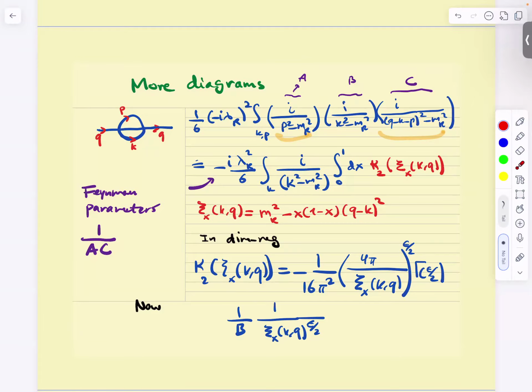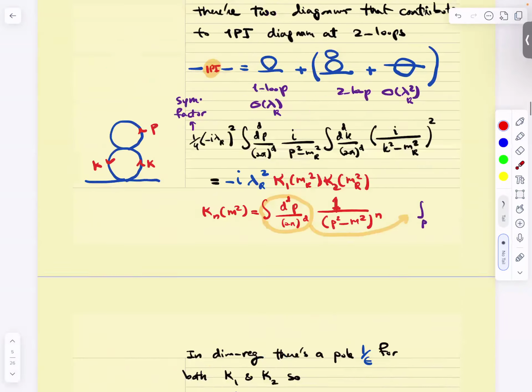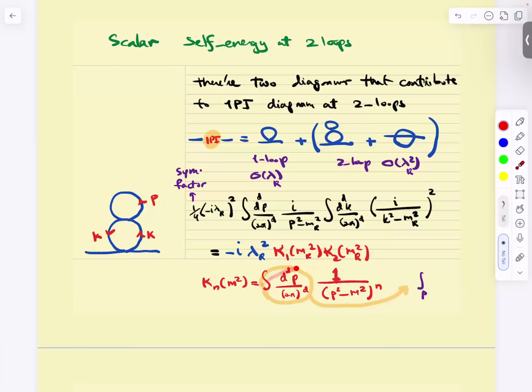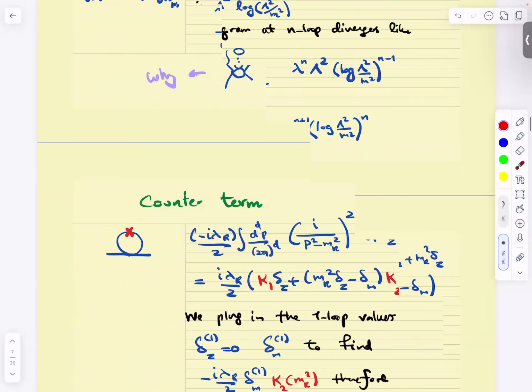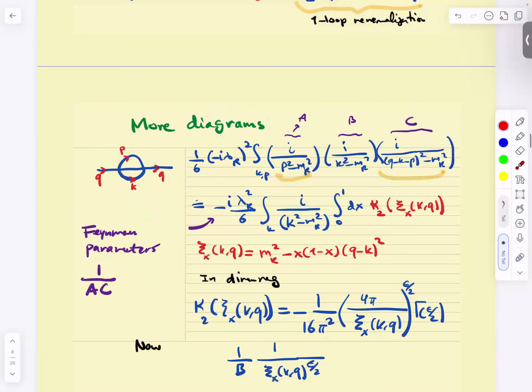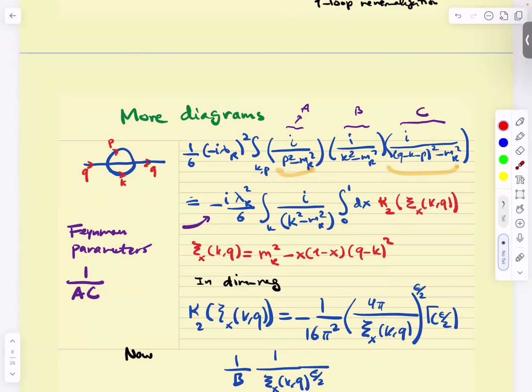And this integral is closely related to my K, right? That's why I could recycle all of these, up to some volume factors, the volume of S^(d-1). So once the dust settles, this is the structure you find.